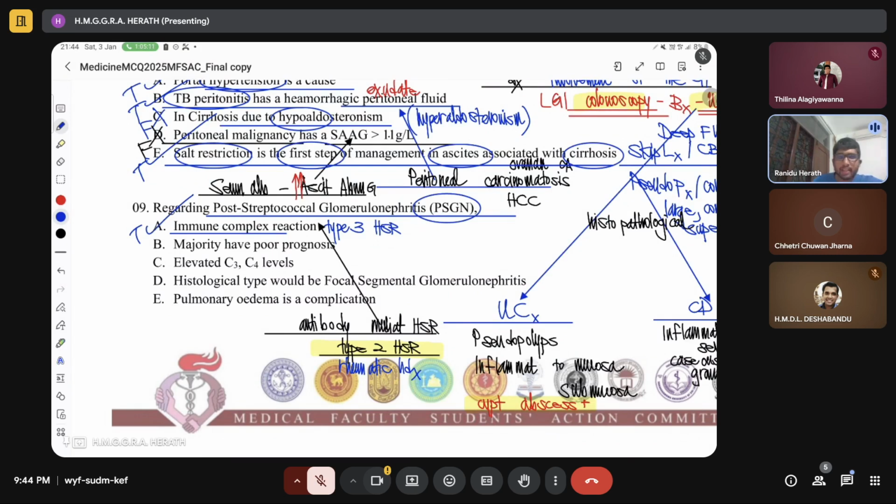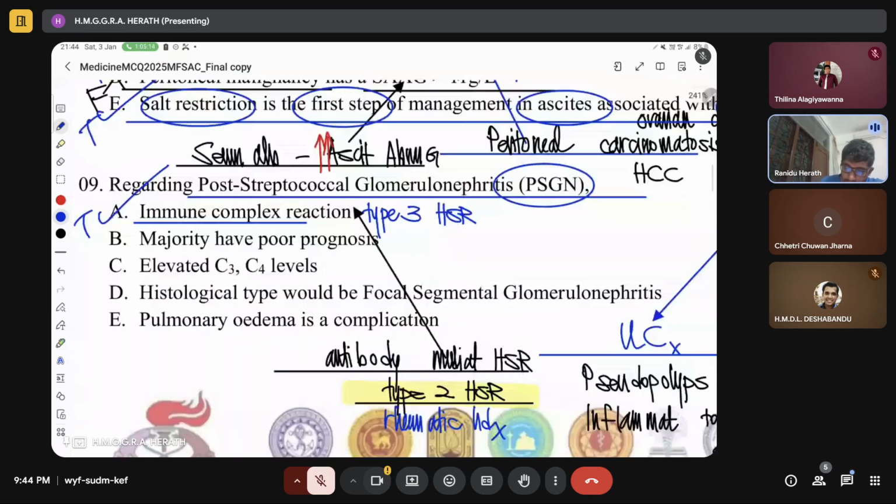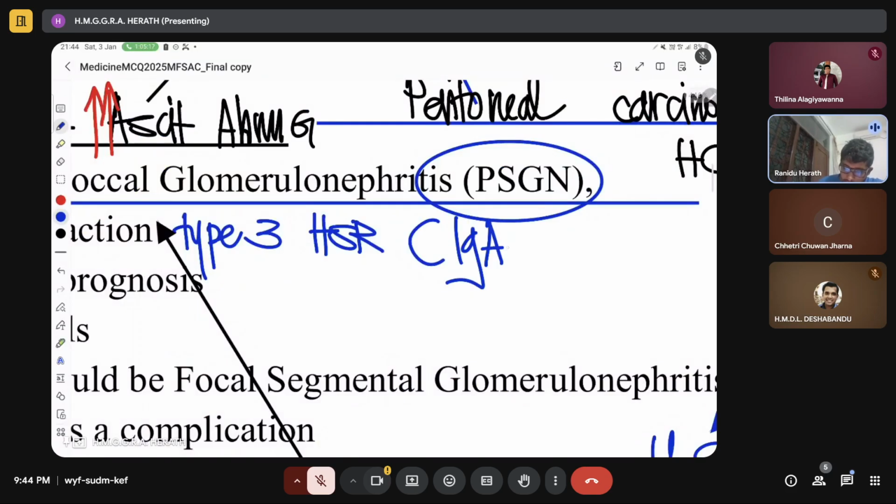It's a type 3 hypersensitivity reaction apparently. So IgA is also similar to this. So if it is nephritic syndrome, remember it is type 3 hypersensitivity, right?